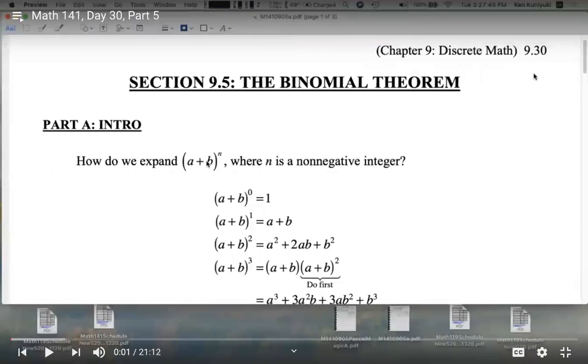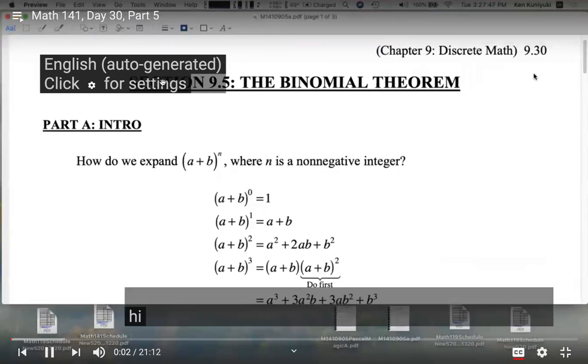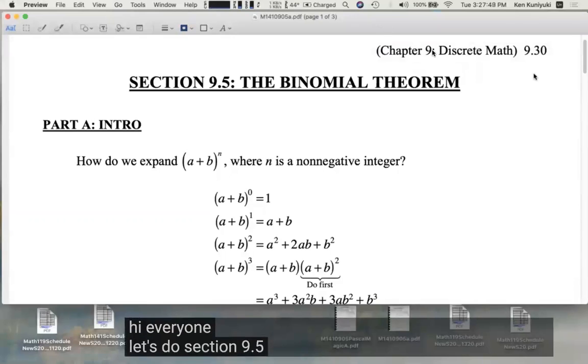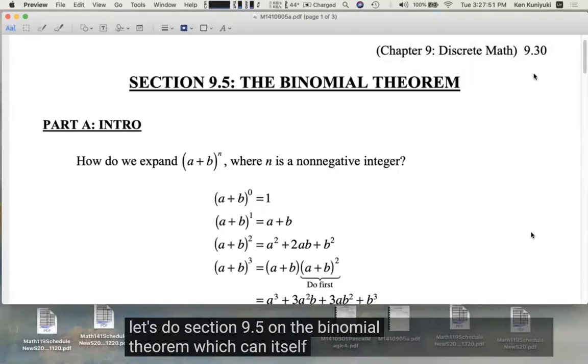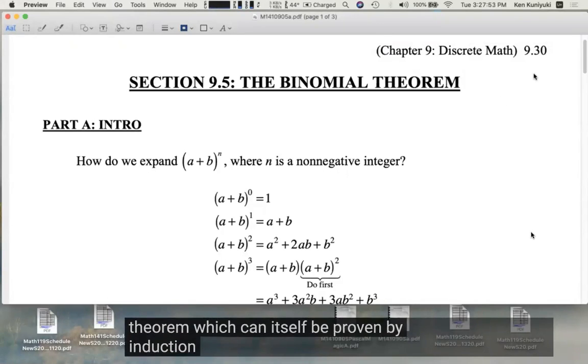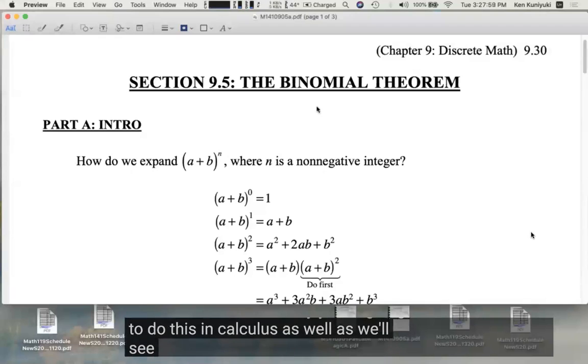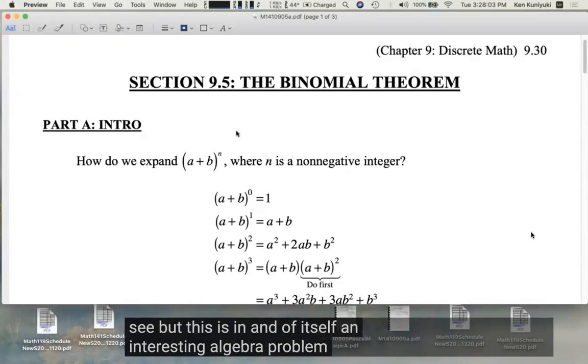The binomial theorem. How do you expand a plus b all to a non-negative integer? Hi, everyone. Let's do section 9.5 on the binomial theorem, which can itself be proven by induction, 9.4. And actually, you're going to do this in calculus as well, as we'll see. But this is in and of itself an interesting algebra problem.